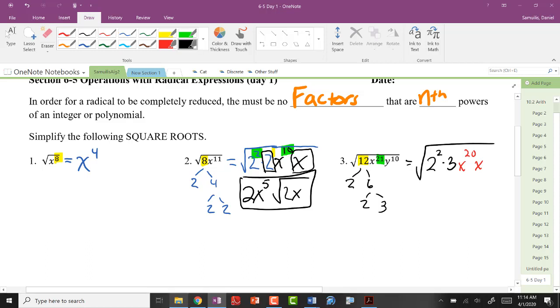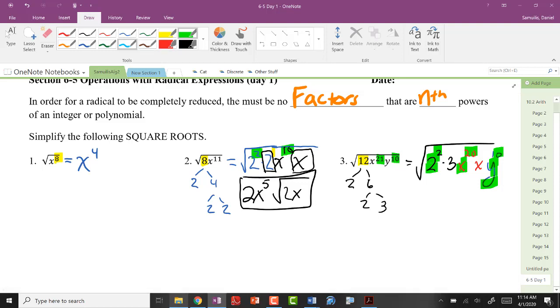Now, y to the 10th: 10 is divisible by 2, so I can leave that one alone. The things we are going to be able to take the square root of are 2 squared, x to the 20th, and y to the 10th.